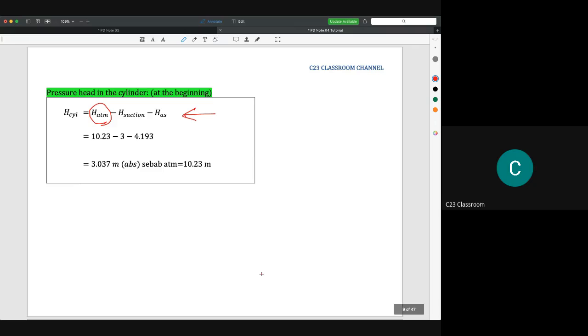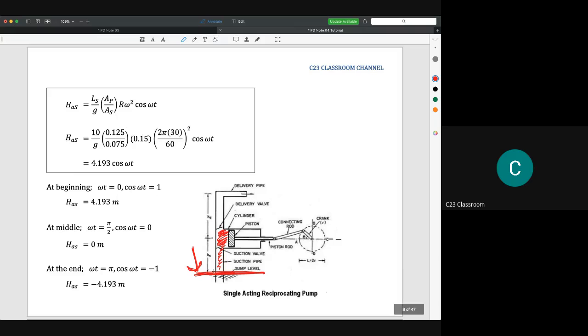To create a vacuum, from the atmospheric head, we subtract the suction head, and then we subtract the acceleration head. Why do we need to subtract the suction head? Because we need to overcome the suction height here. At least we need to create a vacuum to make sure that water could travel this height first.